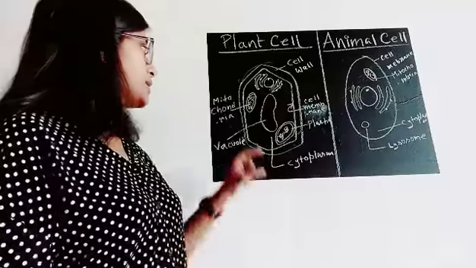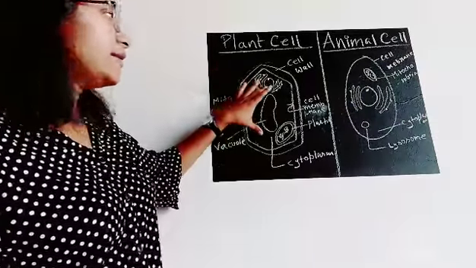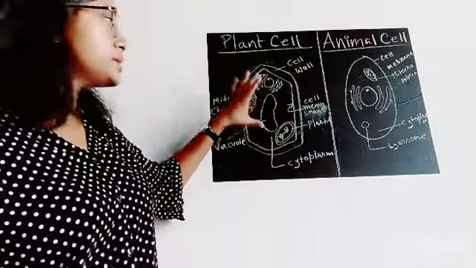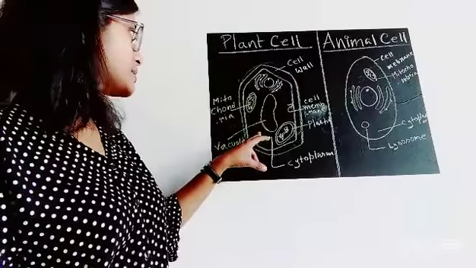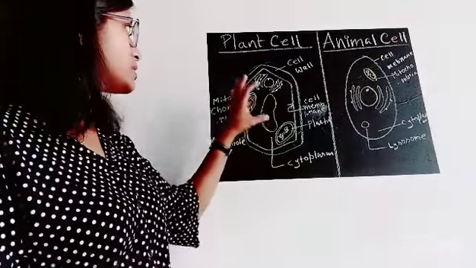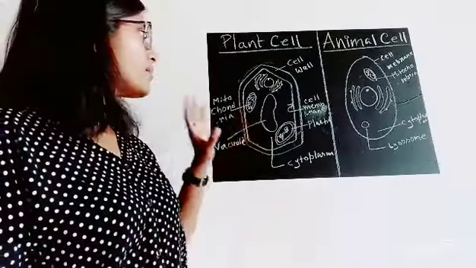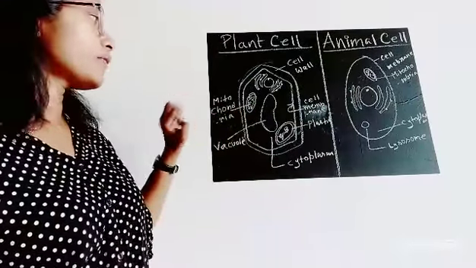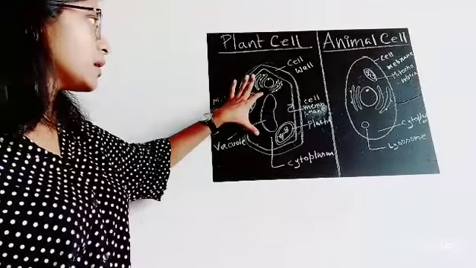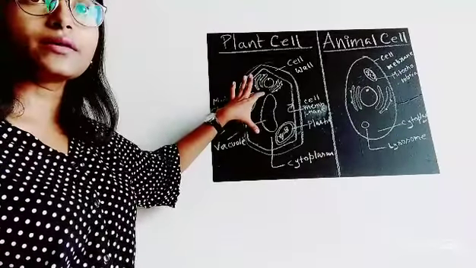Okay. Next point, there is a central vacuole present inside a plant cell, a large central vacuole. This is actually the identifying character of a plant cell. In most plant cells, we find a large central vacuole.